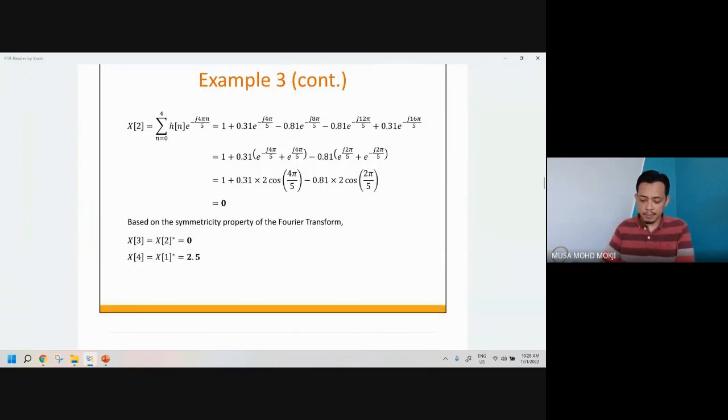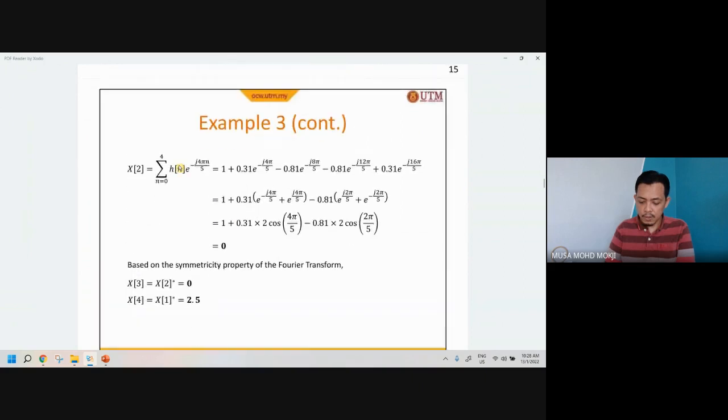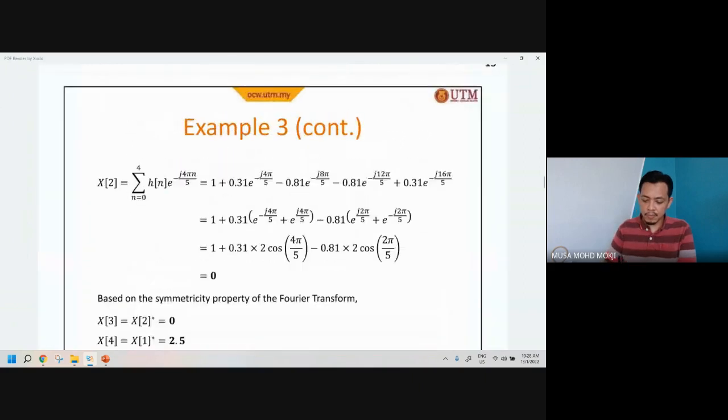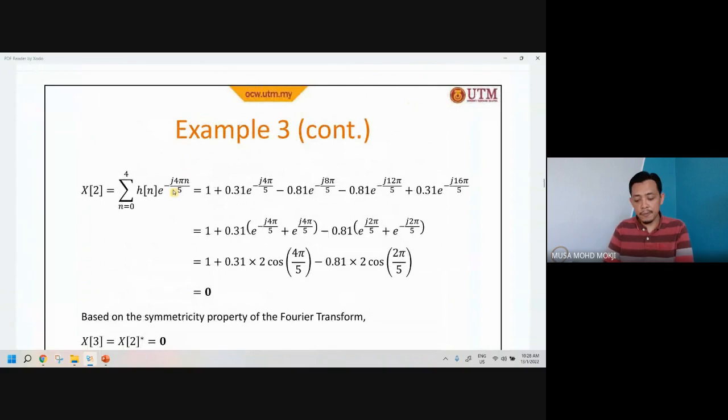Then this is x2. Same thing, plug in the value. Now it becomes h[n] e to the power of minus j pi n over 5. After you expand it, you will get something like this, because we have seen that pattern previously in x1, so it will be the same for x2.